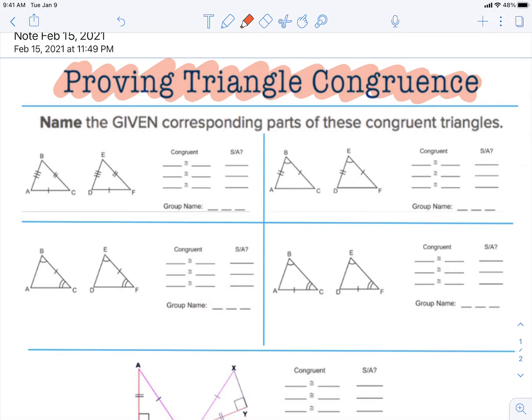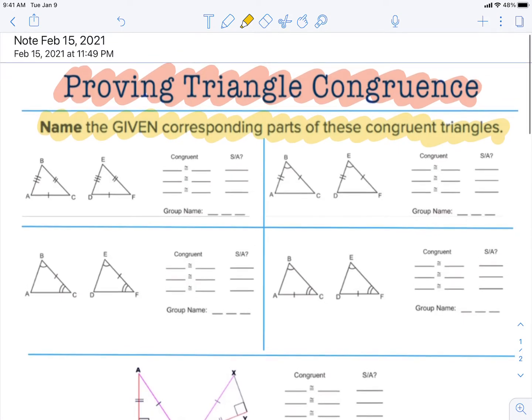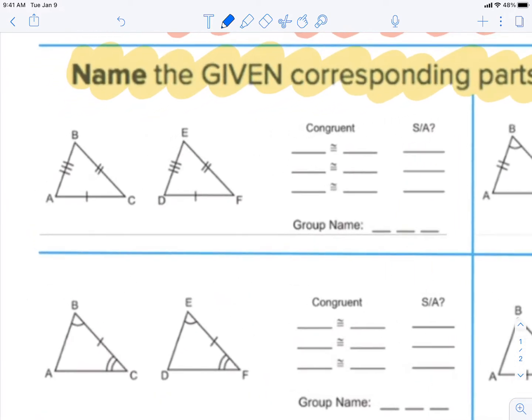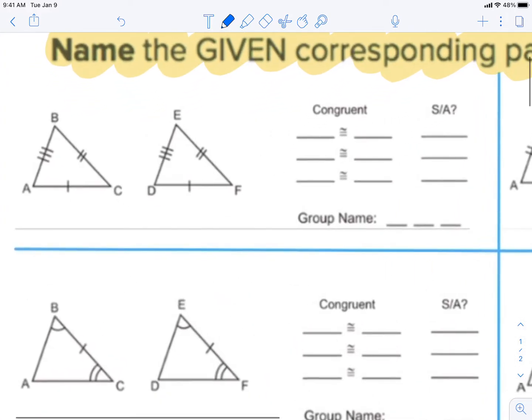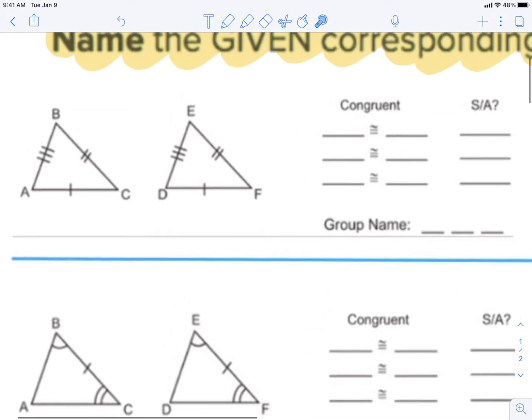So the instructions say, name the given corresponding parts of these congruent triangles. We're going to name all the corresponding parts, all the congruent parts. Let's start off with the single dash.